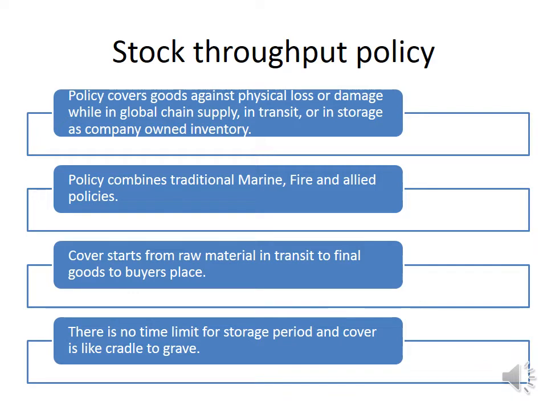The policy combines the traditional marine policy, fire policy, and various allied policies. Not only in transit, even during the manufacturing process. So cover starts from the raw material in transit to the final goods at the buyer's place. Everything is covered, from the origin to the manufacturing to the final supply.